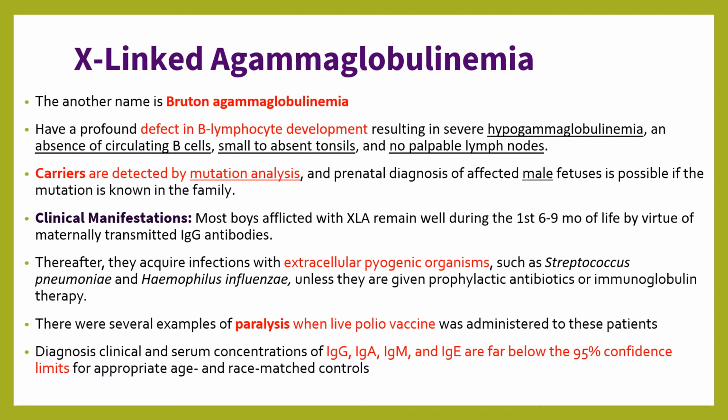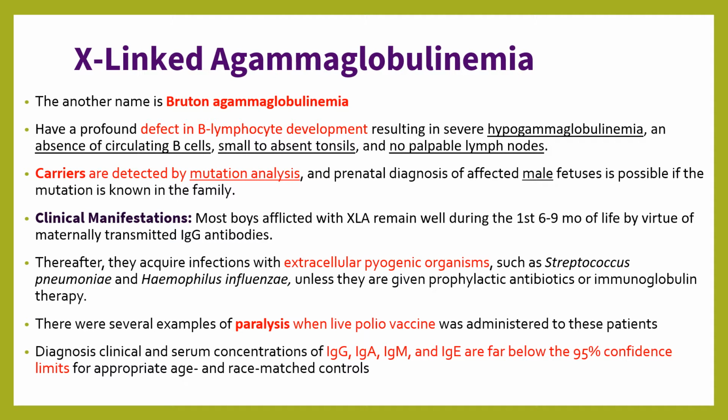The carriers for this condition are detected by doing the mutation analysis. Prenatal diagnosis of male fetuses is possible if the mutation is known in the family. Clinical manifestations: most boys affected with this condition remain well during the first 6 to 9 months of life. Why?